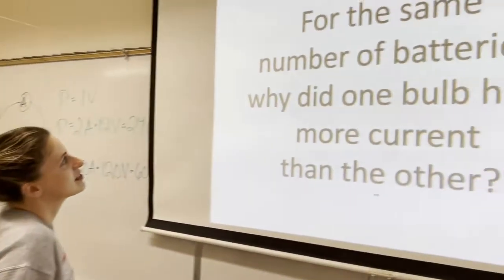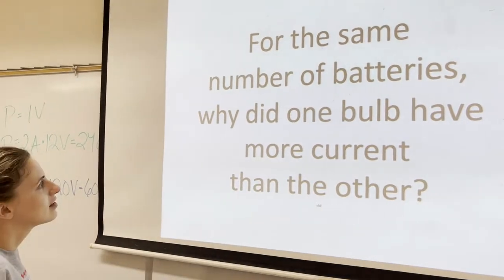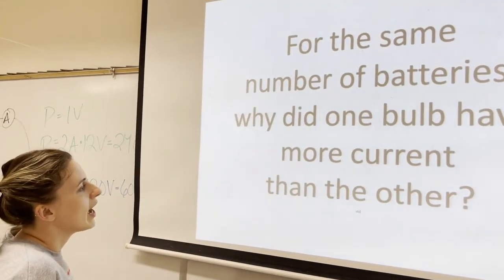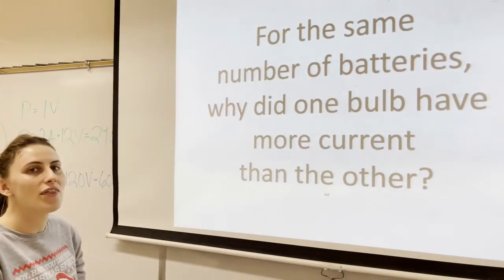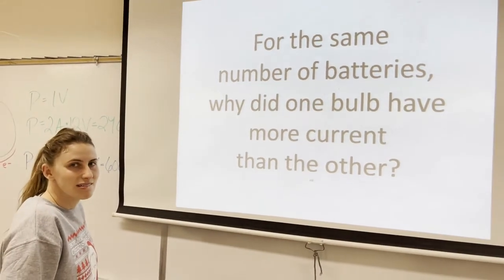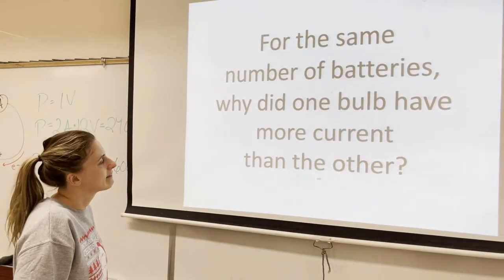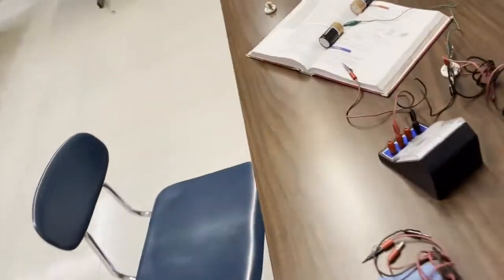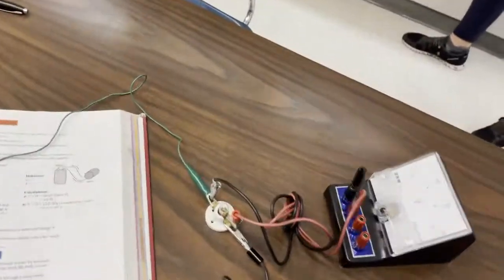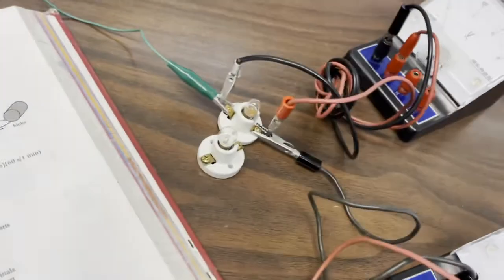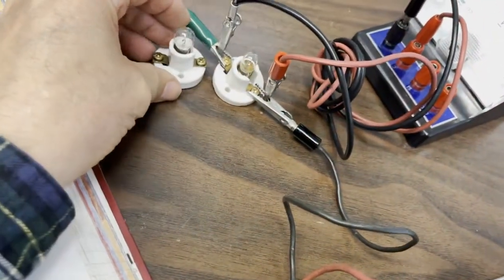Okay, for the same number of batteries, why did one bulb have more current than the other? Now this is a big question, and the answer is it must be something different about the two bulbs. And it's not just the glass in the bulbs.